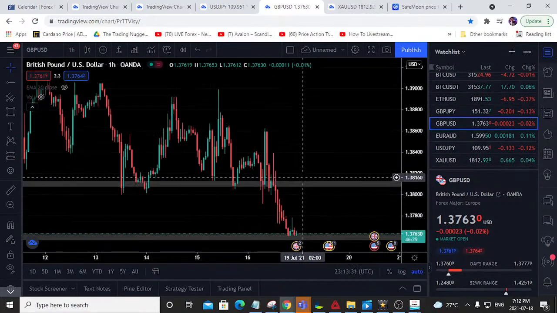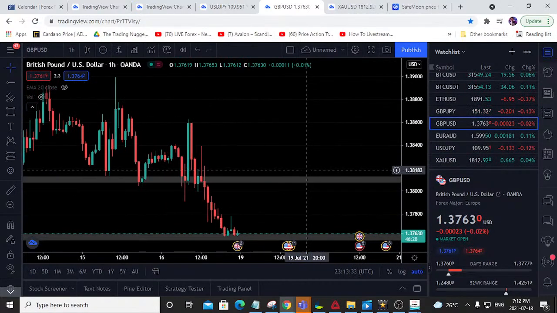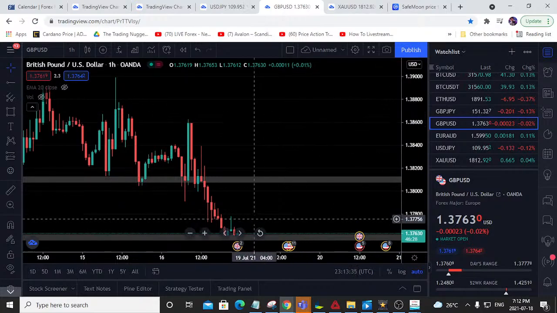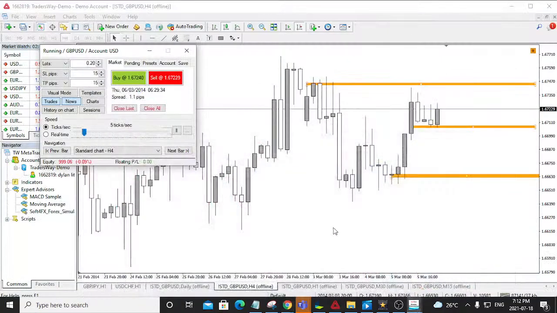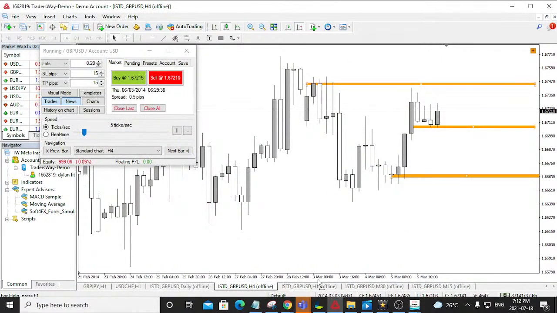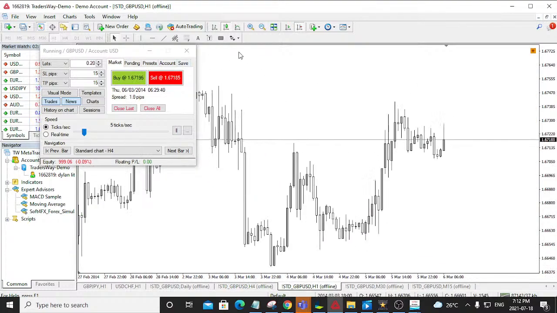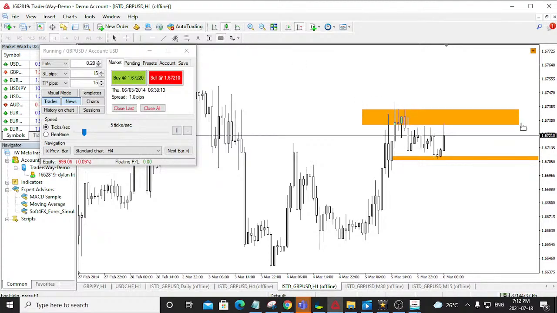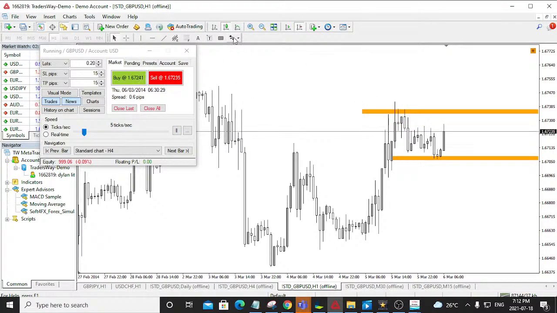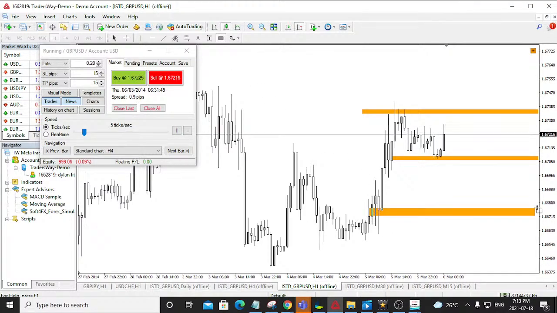And GU is breaking lows as well. Actually, I think it's just ranging. This is definitely ranging a lot. So let's zoom in. See what we got here. We have some level of support here, some level of resistance, and then if broken, we'd be heading to maybe around like this area as a general standpoint.